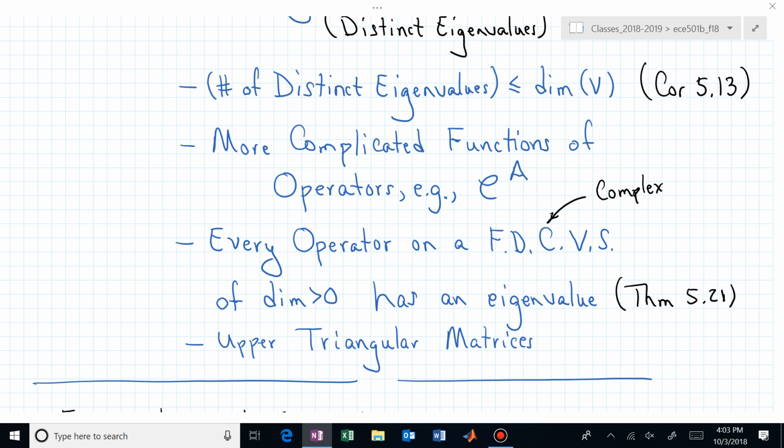We could have a 2-by-2 operator over the field of reals, well, getting ahead of myself. So we'll look at that, where we might have a linear map from R2 that does not have any eigenvalue associated with it. But that's because we would be dealing with a finite dimensional real vector space, as our field is the field of real numbers.